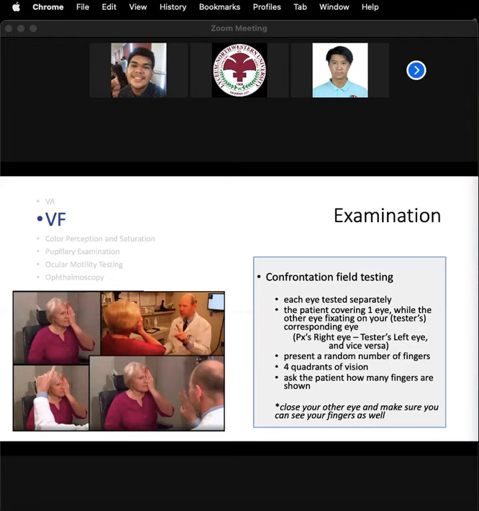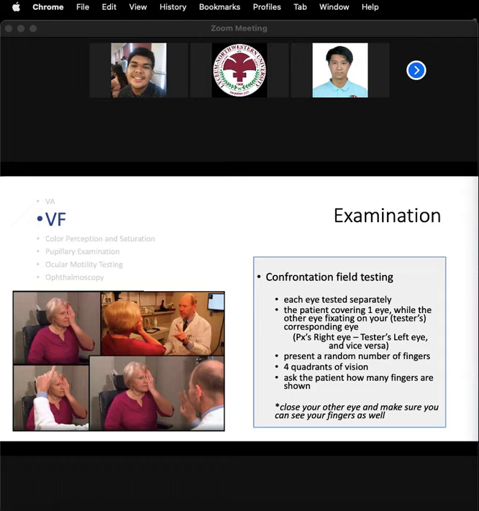How do you do the confrontational field test? Ask the patient to sit in front of you, and test the eyes separately. Ask the patient to close one eye. Usually it's the right eye first that we test. When you are the examiner, you sit right across the patient, at arm's length.